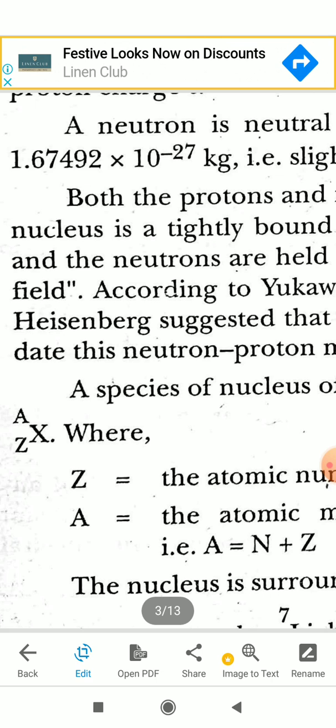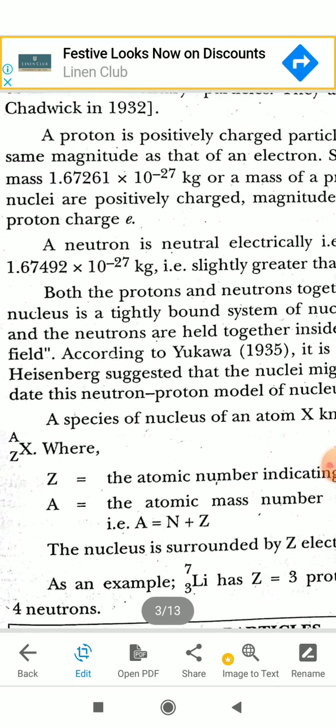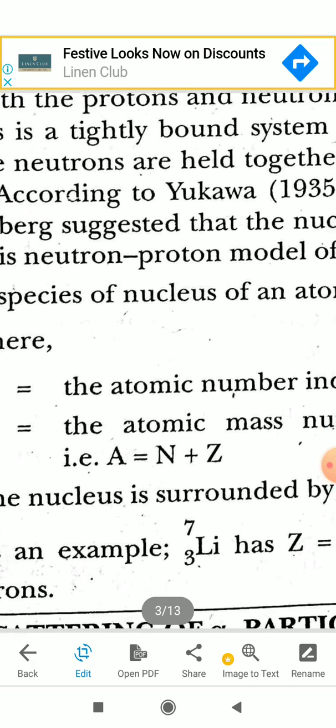Any nucleus consists of protons and neutrons, and the total number of protons and neutrons in the nucleus is nothing but the mass number. So mass number is the number of protons and the number of neutrons.